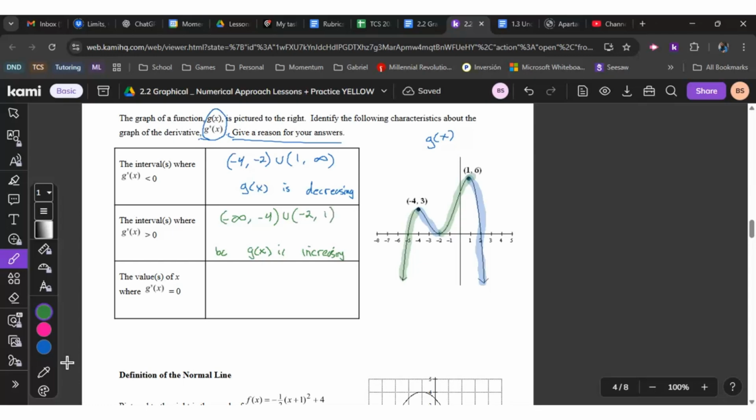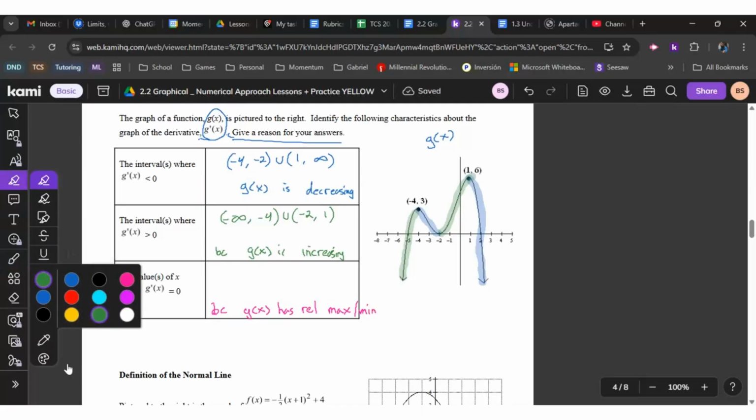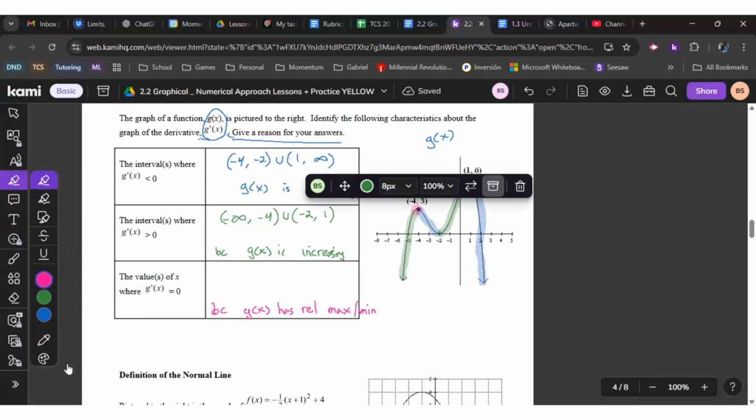Close to 1. Good. All right, our last one, we want to know where the derivative is equal to 0. And this is what you guys tried to start with. So this is going to be because g of x has relative max or mins, right? Now, where does that happen? Negative 4, 3. Exactly.